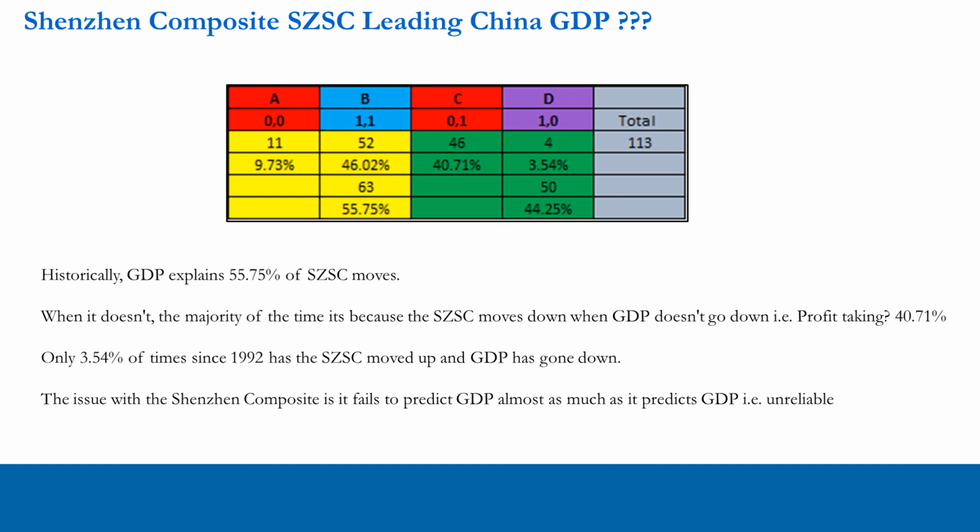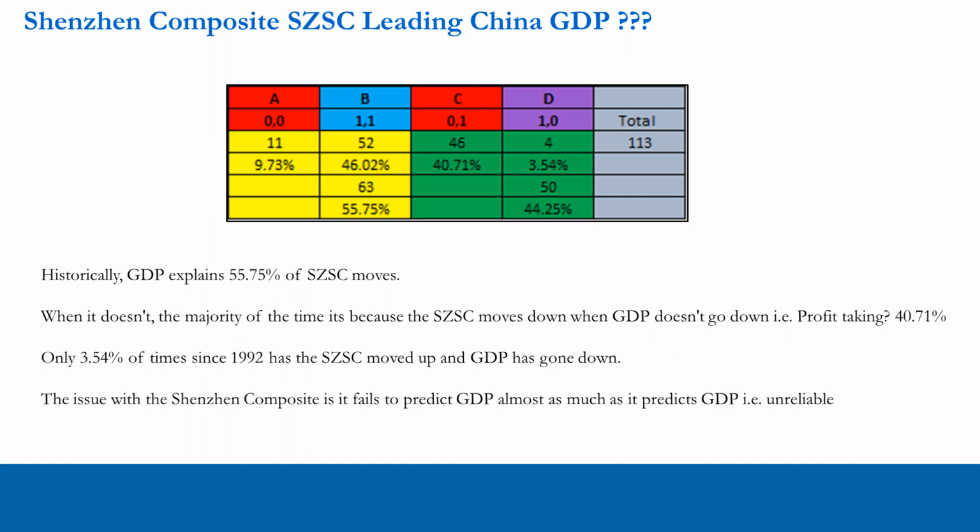And there is obviously a huge issue with this, okay? Because if you just take the numbers at face value, the issue with the Shenzhen Composite is it fails to predict GDP almost as much as it predicts GDP. Therefore, at face value, this is a very unreliable indicator. We'll discuss this in a little bit more detail later.